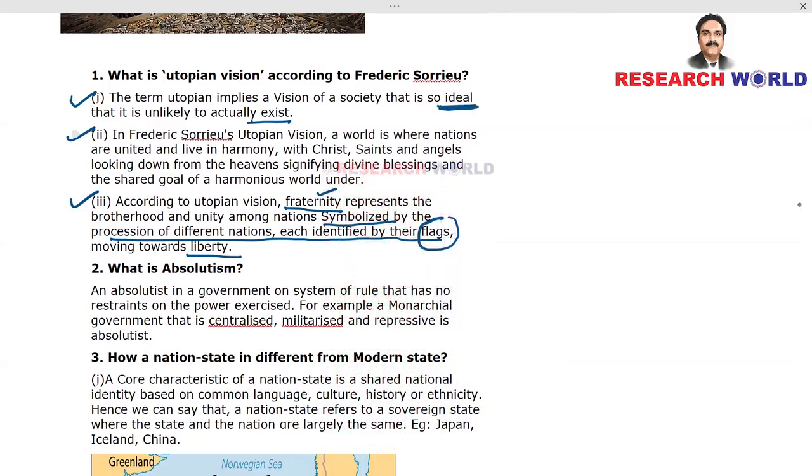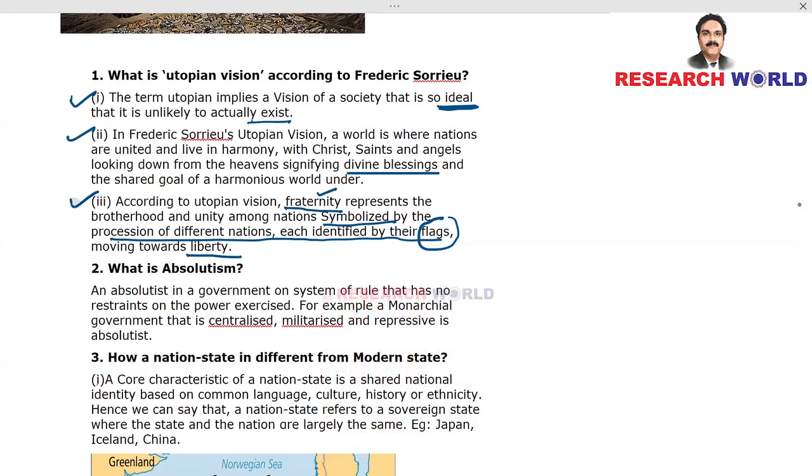In Frederick Sorrieu's utopian vision, a world is where nations are united and live in harmony with Christ, saints, and angels looking down from the heavens, signifying divine blessings and the shared goal of a harmonious world order. So here we have Christ, saints, and angels looking down from the heavens, signifying divine blessings.